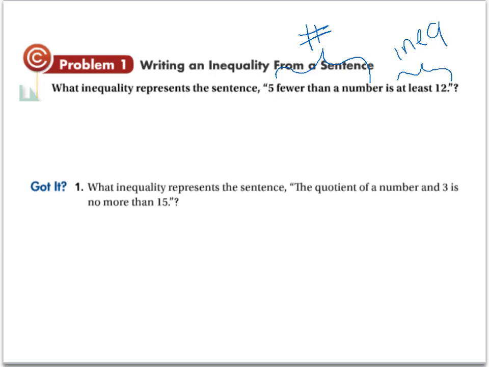So how can we express 5 fewer than a number? Corey? X minus 5. Right? So this number, x minus 5, has to be at least 12. At least 12. What inequality sign should we put there? At least 12. So it can be 12 and anything above it. Rachel? Greater than or equal to. Very good.